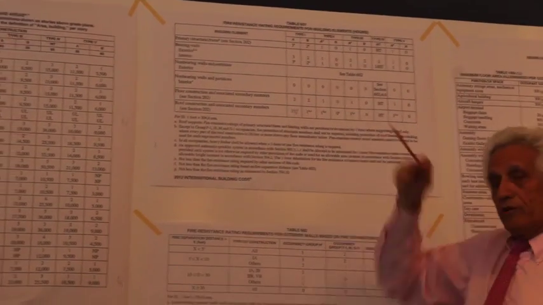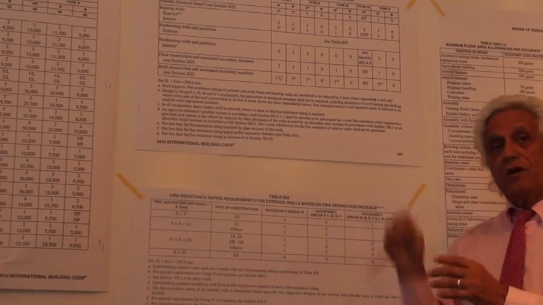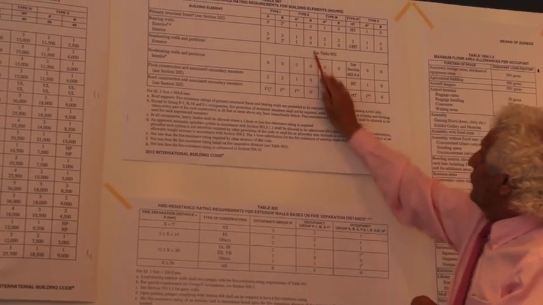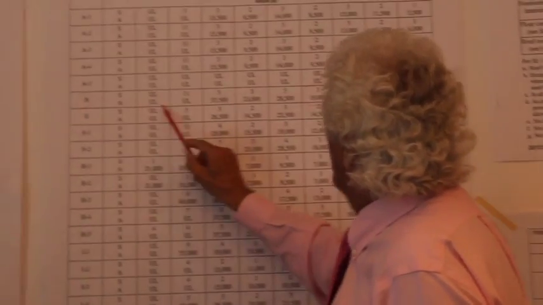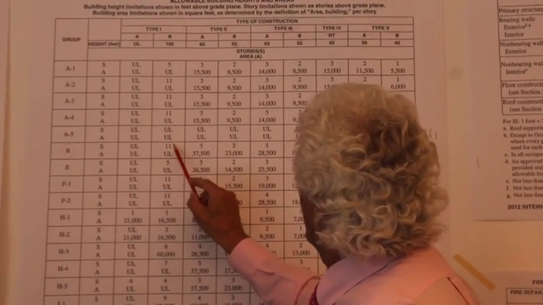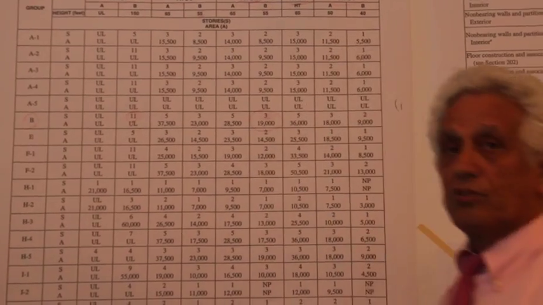But you're going to add fireproofing around these constructional elements, and it allows you to build a building that's much taller than you would have under a type 2B construction. And you can see the difference here right away. If I'm going to do this in a type 1B construction and I'm a business, I'm unlimited. I can go up to 11 stories here, where here I can only go 3 stories.